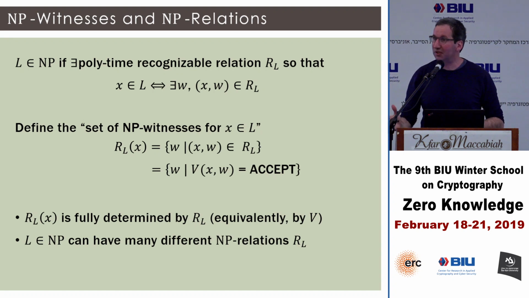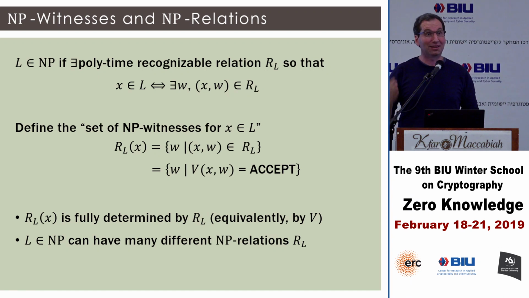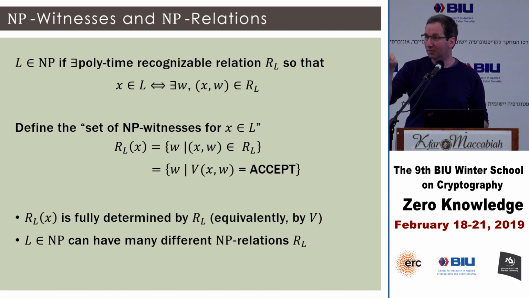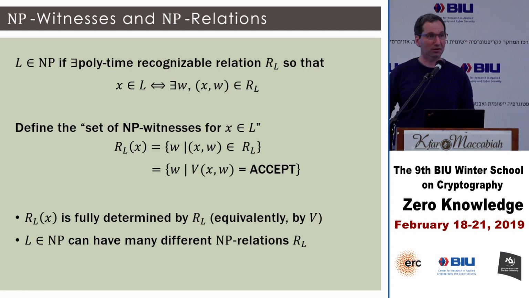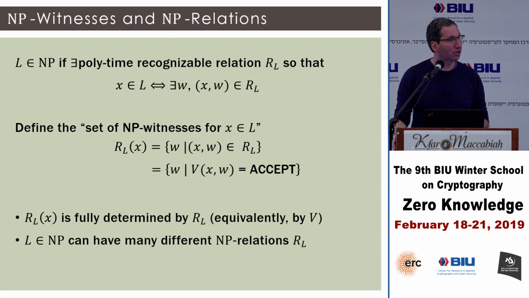So it's really important to fix which relation we're talking about. And this is important when you design protocols that use WI. It has to be with respect to a fixed relation. And this is sort of like saying, guys, this is the information I want to hide. The NP relation specifies what's the information you want to hide about the witness. Okay, this is our way of saying this is the information I'm hiding.